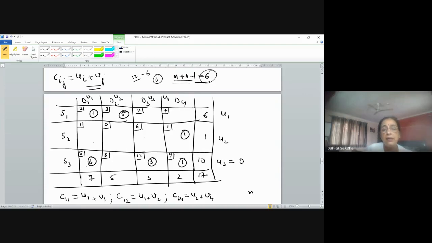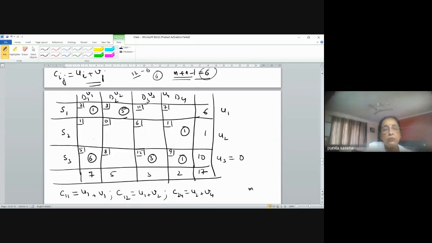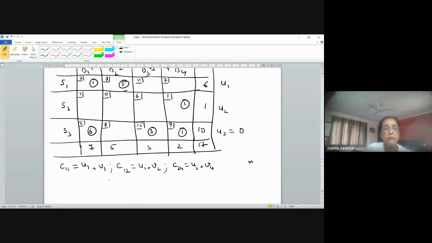Right. Then, sorry, it's C31 is equal to U3 plus V1. Similarly, C33 is equal to U3 plus V3 and C34 is equal to U3 plus V4.